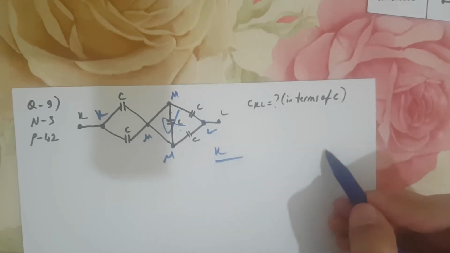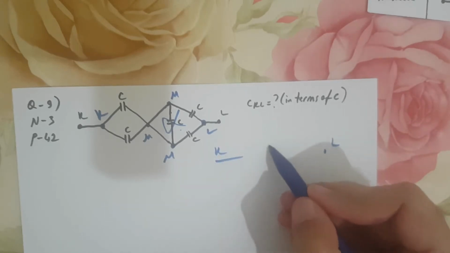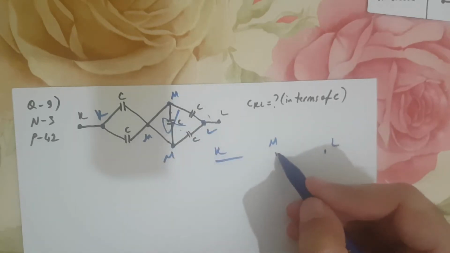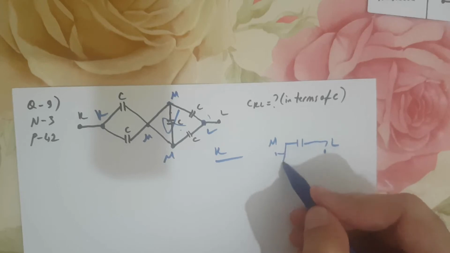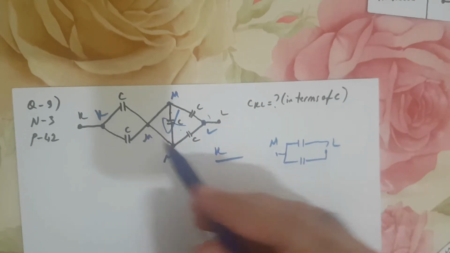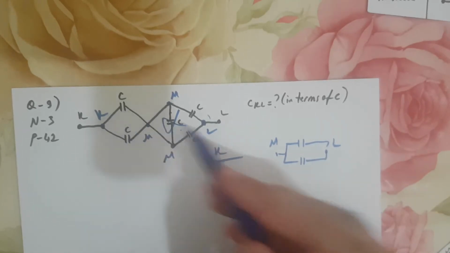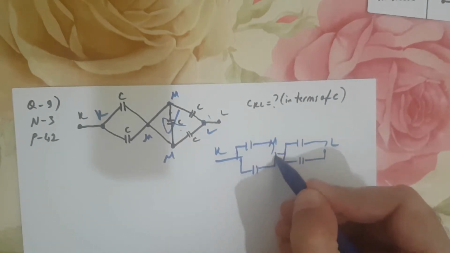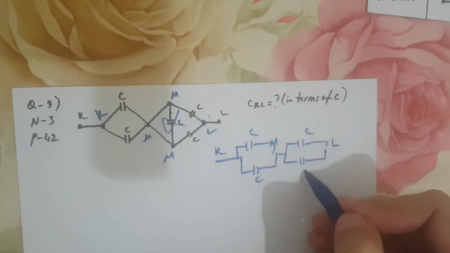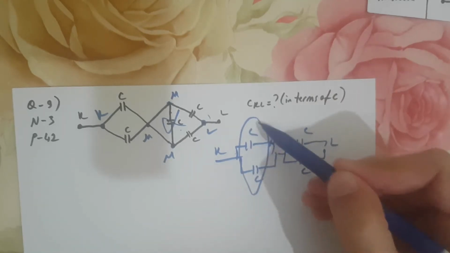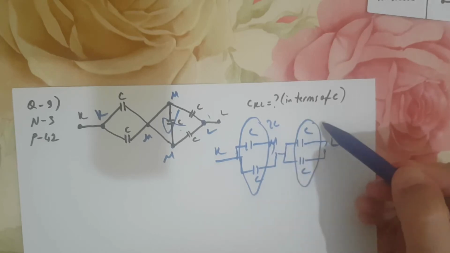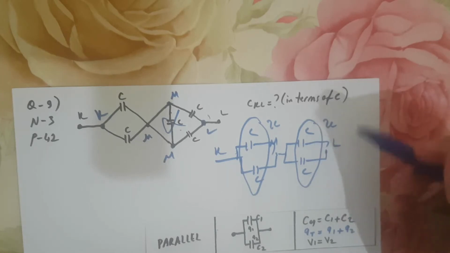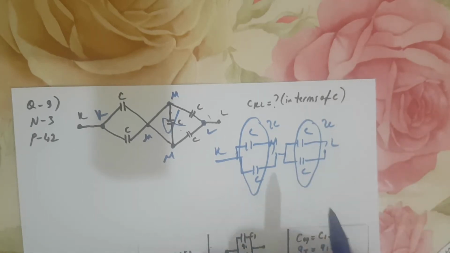So it starts K and then L and then M here, and then ML, this one and this one are parallel to each other. You can draw it like that, parallel. And then between KM also, this one is KM, this one is KM. There is one more parallel here. C. Okay, you know that by now. This one is 2C, and this one is 2C because of the parallel. Now it becomes series.